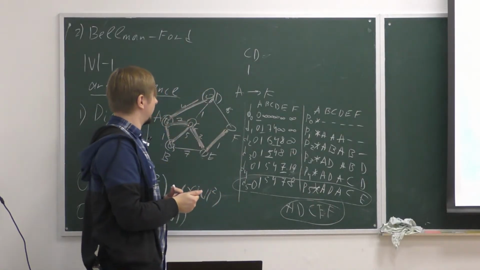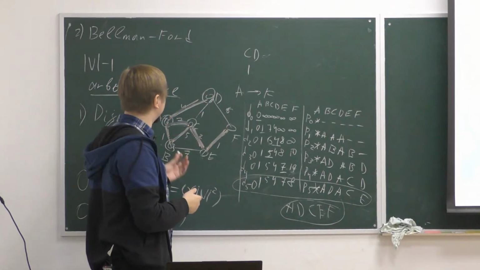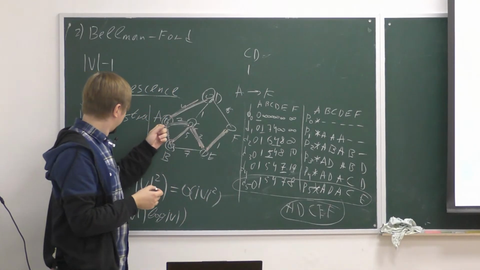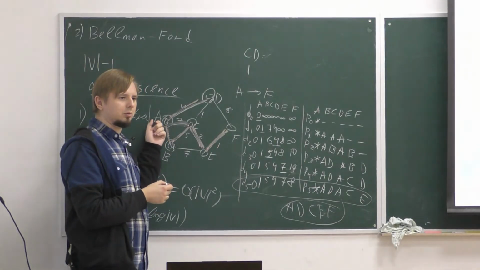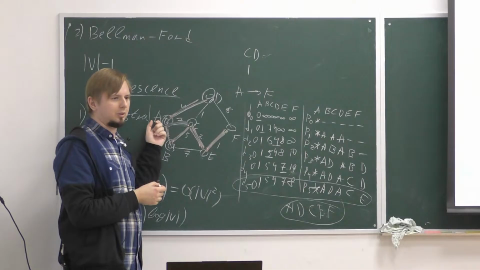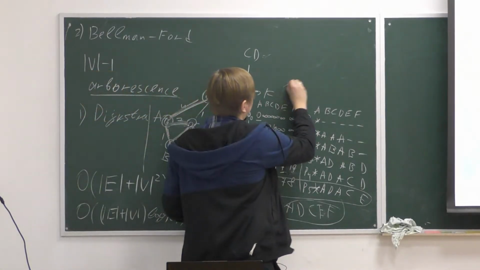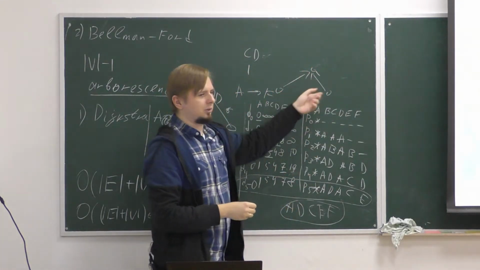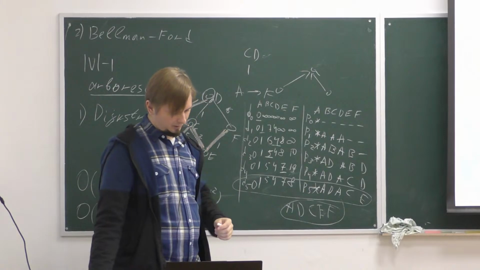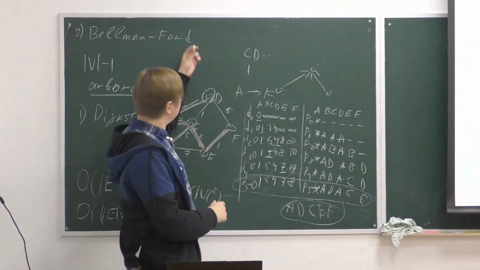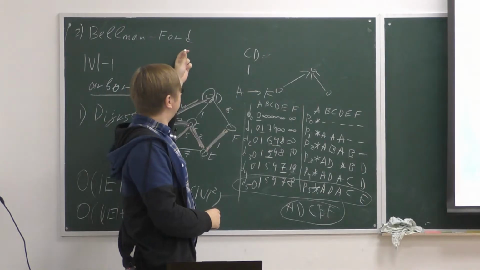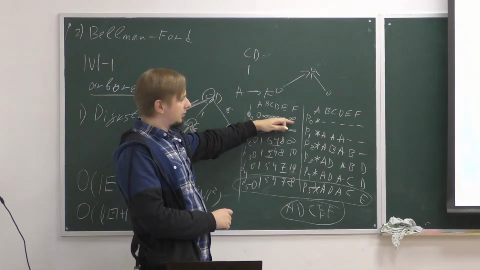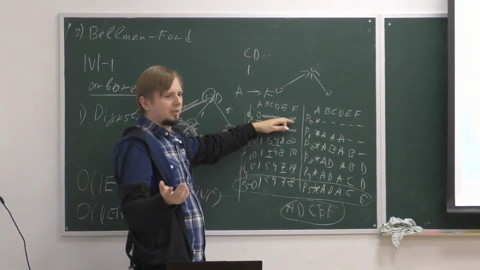It is an oriented spanning tree, and we can go from the root to any node by it. So this algorithm and this algorithm also give us a spanning arborescence.